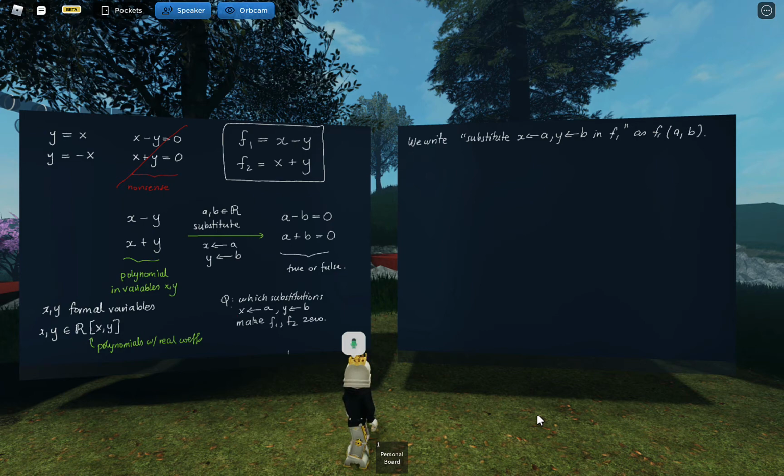So there is a distinction between polynomials and functions. The polynomial f1 is just this formal expression, x minus y. What I mean by formal expression can be spelled out, but I won't do it right now. It's this pattern of coefficients that I've indicated on the board, right? There's a 1 here secretly, and there's a 1 here secretly, and there's no x times y here, so there's a 0 there secretly, and so on.